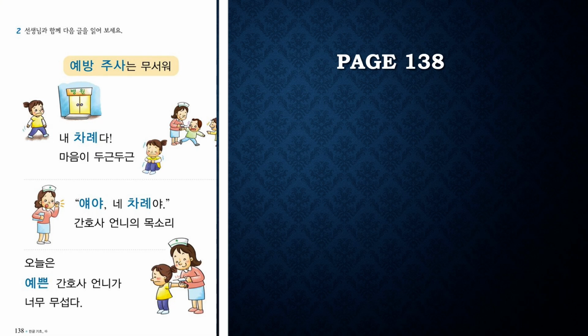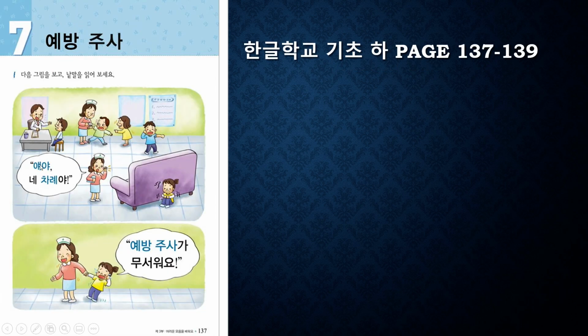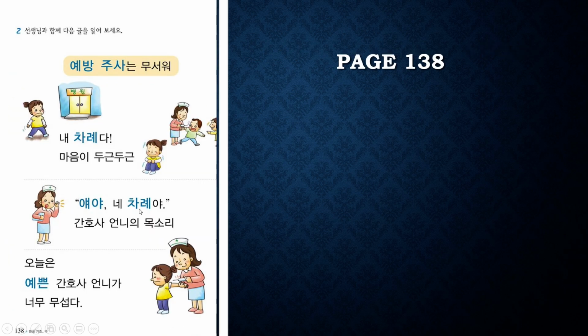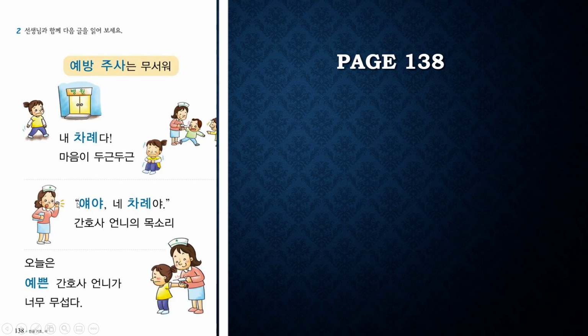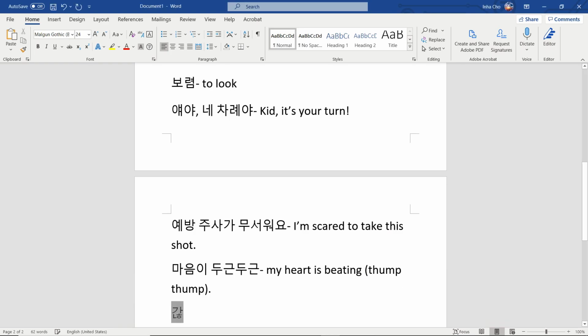Alrighty. 얘야. Right here we saw it earlier. 얘야, 내 차례야. This sentence here is shown here once again. So 얘야, 내 차례야. 간호사 언니의 목소리. 간호사 means nurse, or just 간호사.